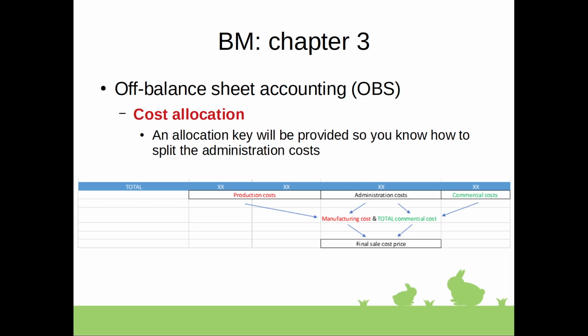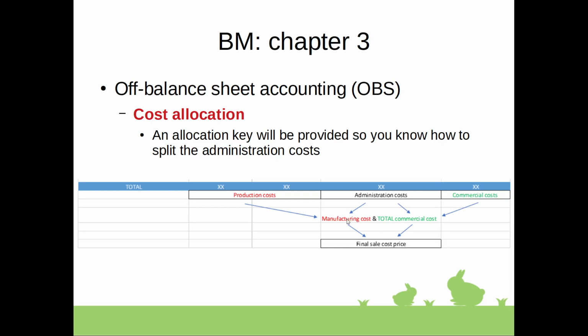Then we will take 60% of the administration costs. We will add them to the production costs over here, and this will give us the manufacturing cost of the product. Okay. If you add the remaining 40% of the administration costs to the commercial costs, you will get the total commercial cost of the product.